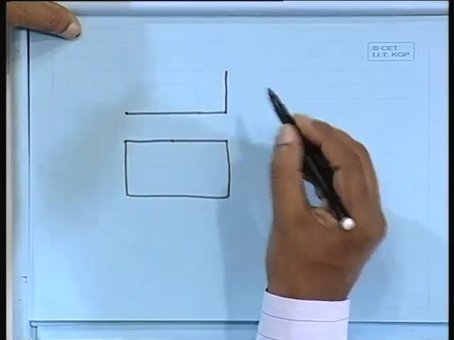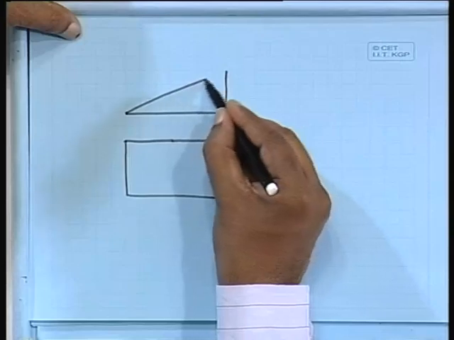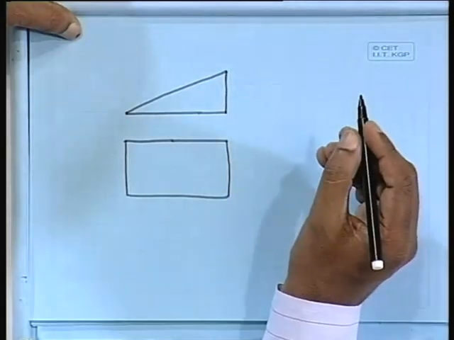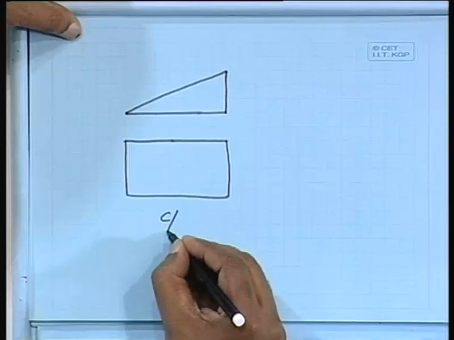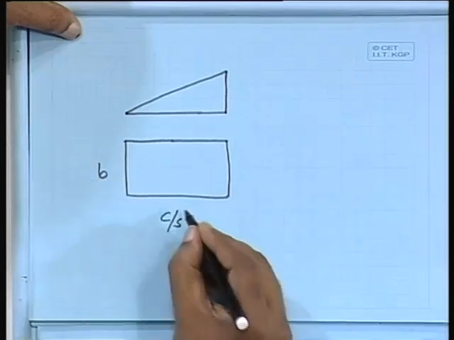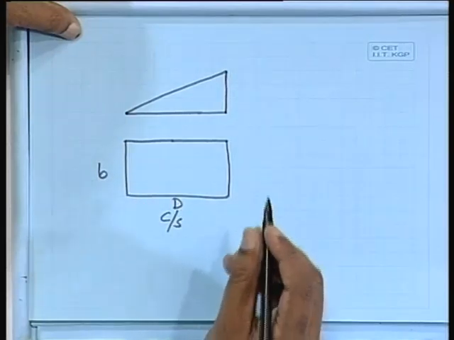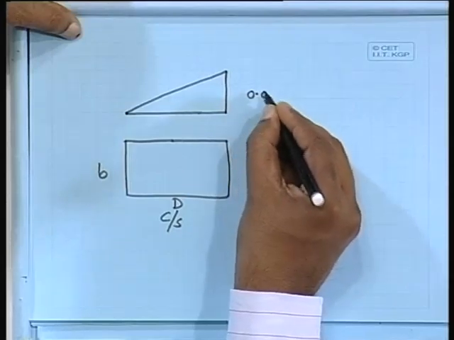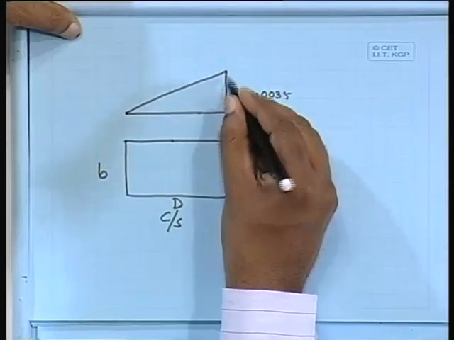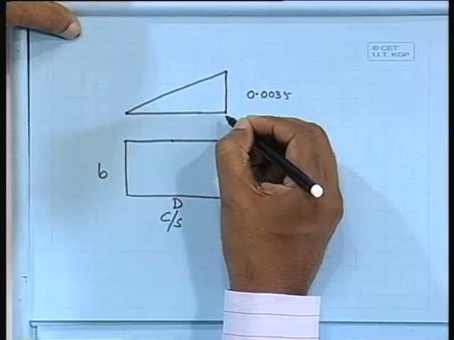Let us assume this is the strain diagram, this is the cross section, B and D. I am saying that the maximum allowed is 0.0035, this is the maximum strain.